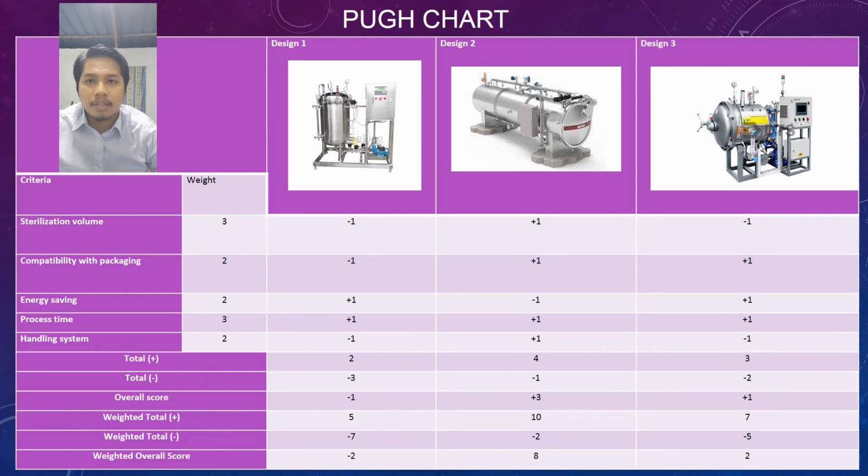These designs are scored by certain criteria, which are the sterilization volume of the retort chamber, the compatibility of the packaging with the retort chamber, the energy saving of the retort chamber when using, the processing time of the retort chamber for one batch, and the handling system of the retort chamber, which is the adaptability with the current automated system.